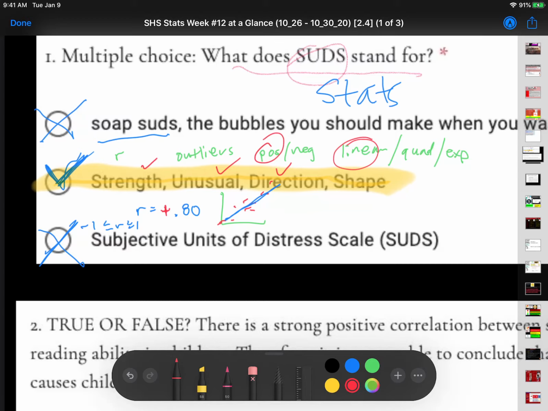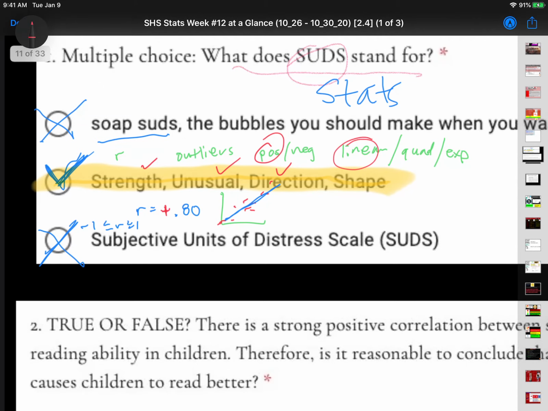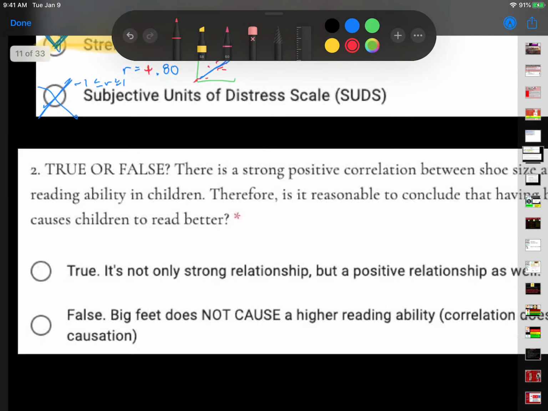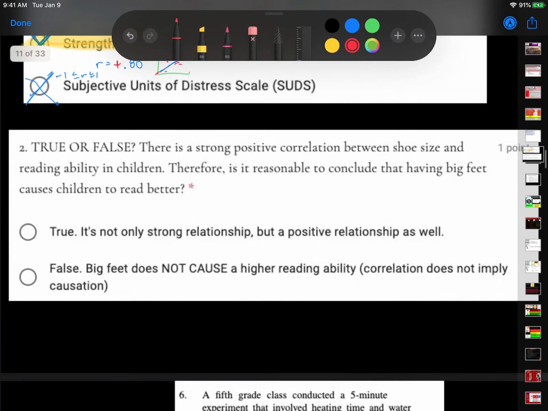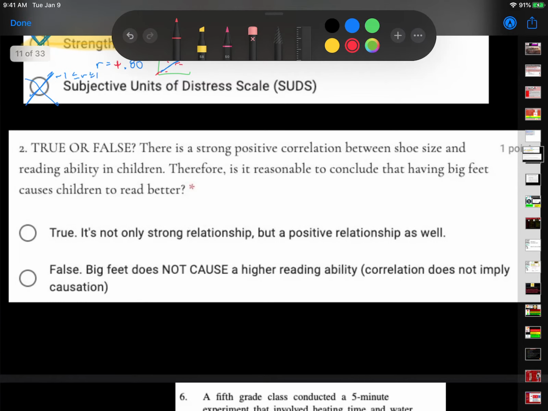Question number 2. True or false? There is a strong positive correlation between shoe size and reading ability, so you can draw yourself a picture. If I haven't been stressing that enough, draw a picture. Shoe size is say 0 to 12, because I have a shoe size of 11, 12.